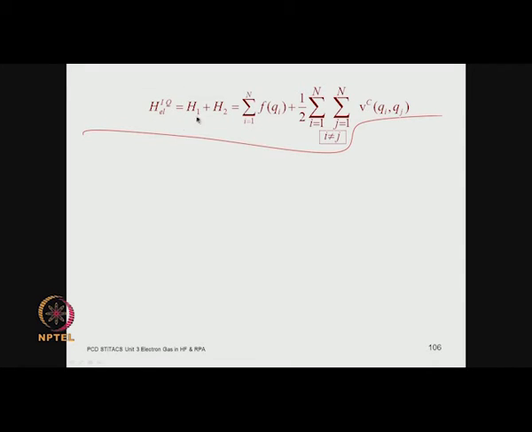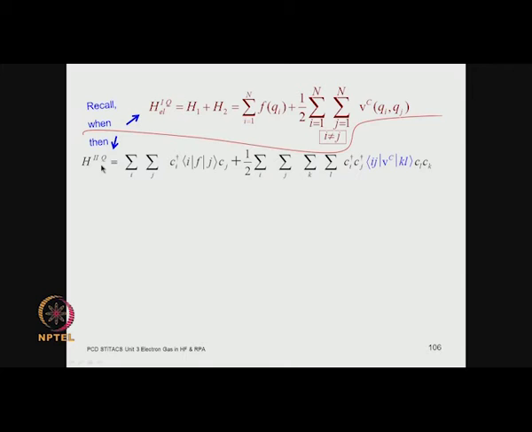When this is the form of the first quantized Hamiltonian for the n electron system, the corresponding second quantized form we wrote in terms of the electron creation and destruction operators. So, you had the 1 electron terms and you had the 2 electron terms, and you had this 2 center integral consisting of the Coulomb interaction V superscript C, and this 2 center integral is something that you will remember. Okay?